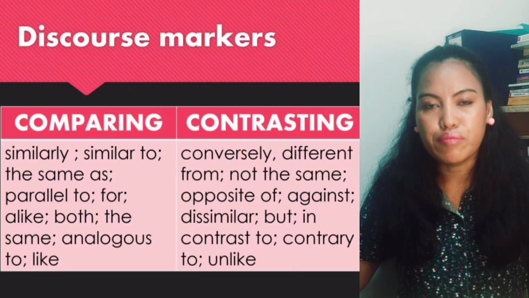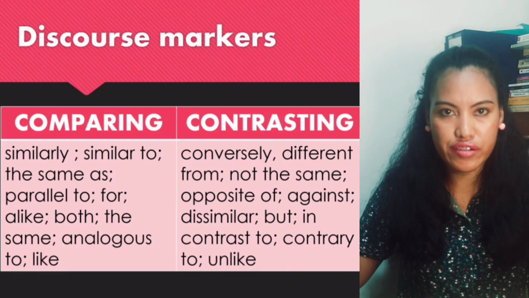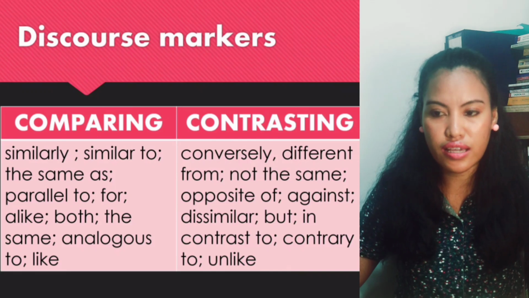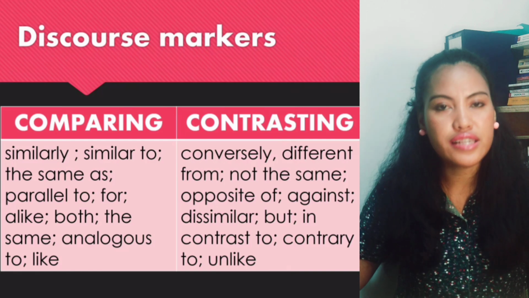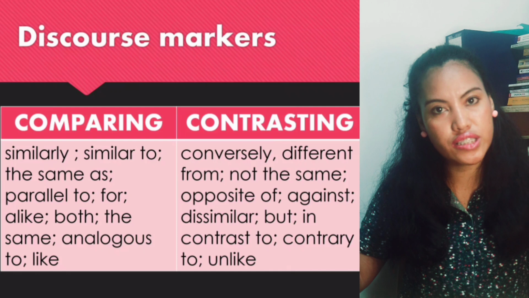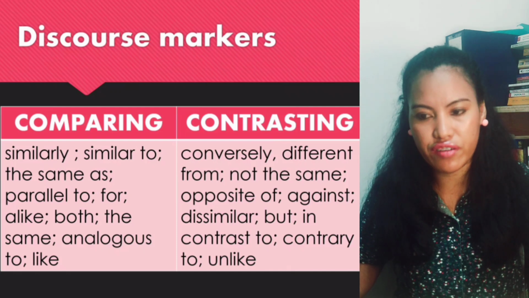So, in a comparison and contrast, you will know that this paragraph that you are reading or writing is a comparison and contrast structure because you will use discourse markers or what we call transitional or discourse devices.